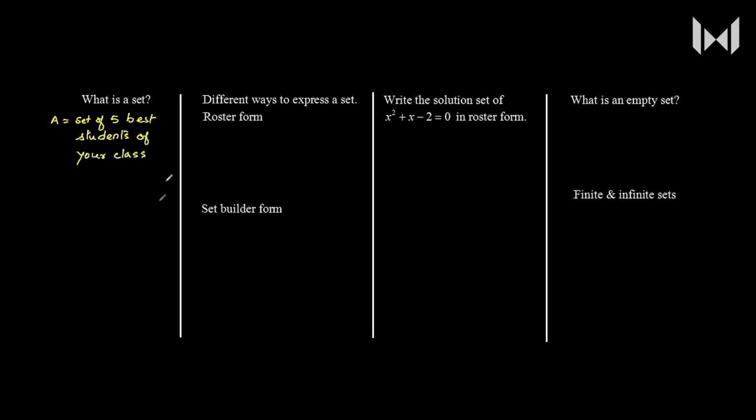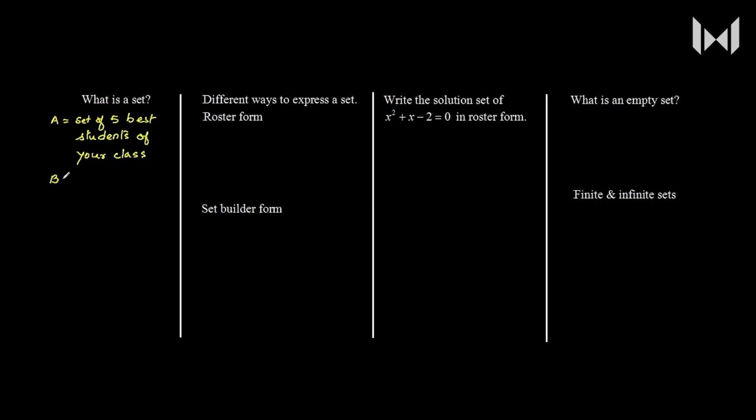Now, if you ask 5 different students of your class, they may name 5 different students. The first person may name 5 students, then the second person may name 5 other students. So in this case it is not a set.